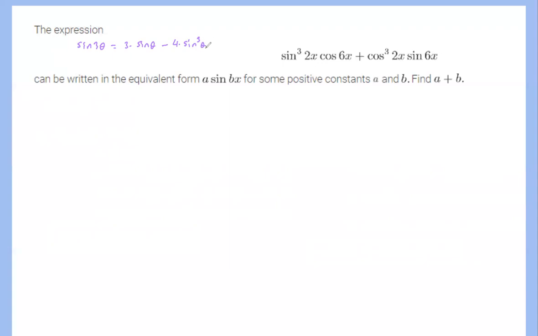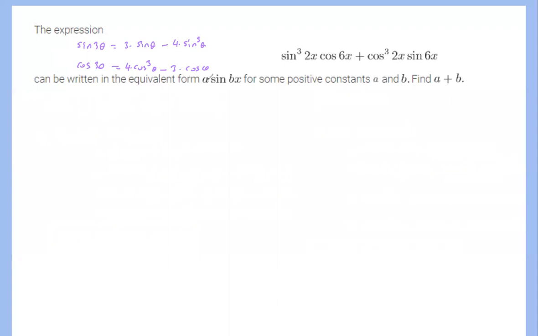If I replace this theta with 2x, then this is going to be sine cube 2x, which is easier to deal with, so I'll try that. And cosine 3 theta is equal to 4 times cosine cube theta minus 3 times cosine theta. These are kind of symmetric somehow, so you can remember them easily if you like. And I'll just apply it.